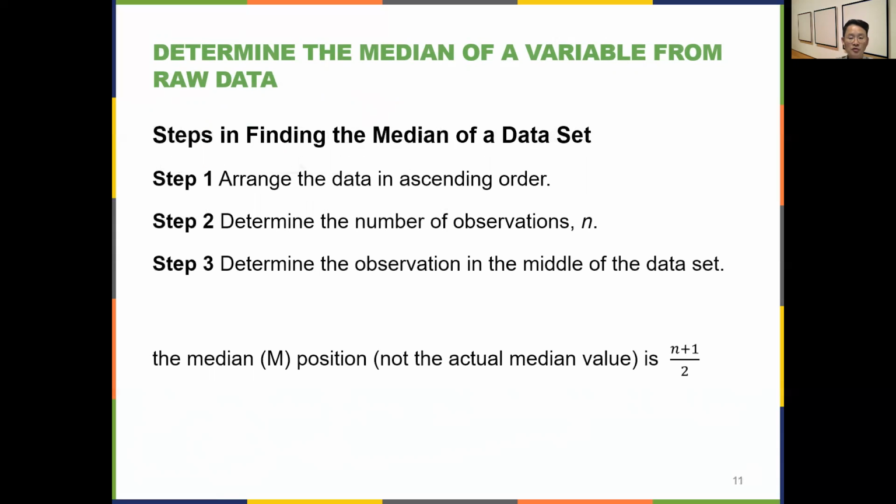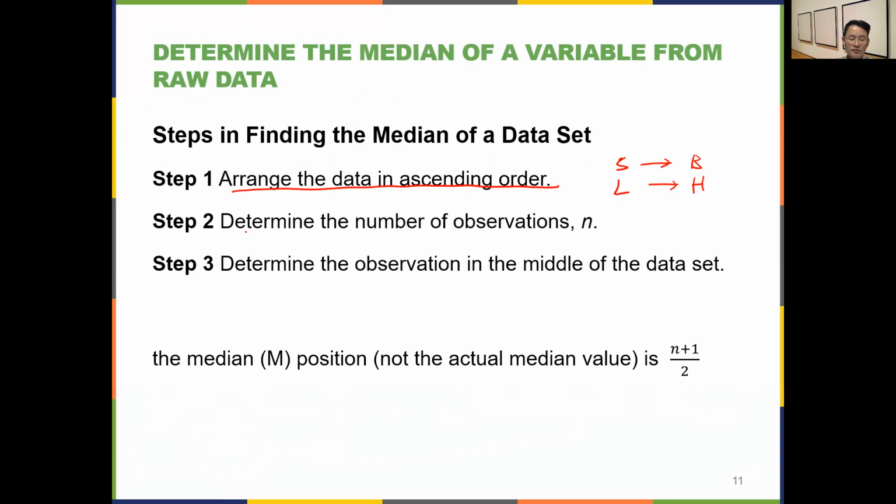Middle number. So how do you actually find the median in a data set? Arrange the data in ascending order, small ones first and big ones later. Sometimes you call it lower and higher, same deal.